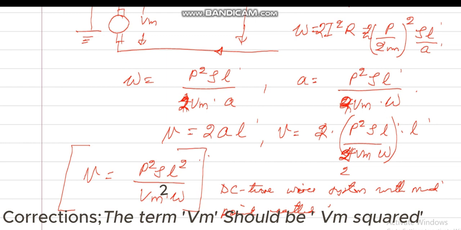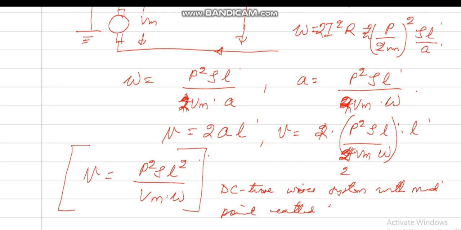Tuende katika DC 3 wire system namba 3. Okay, 3 wire DC system ambayo ni just a modification of 2 wire with midpoint earthed.